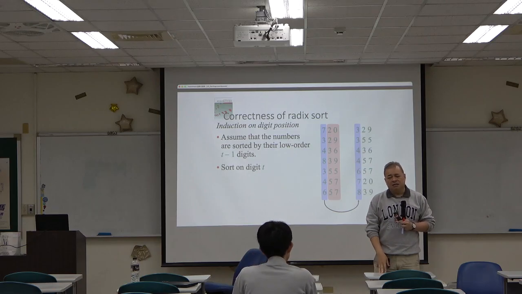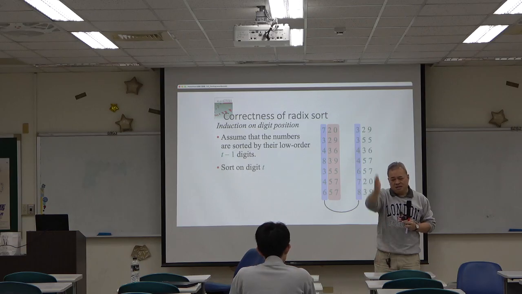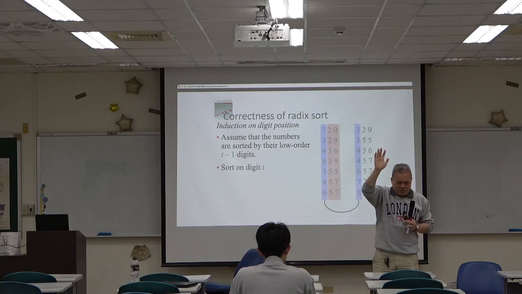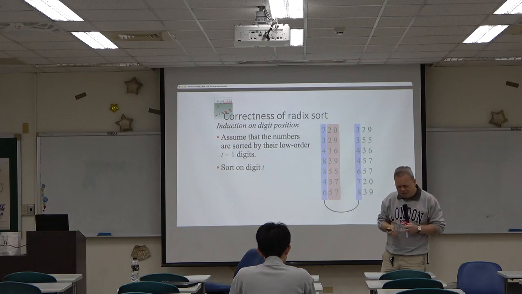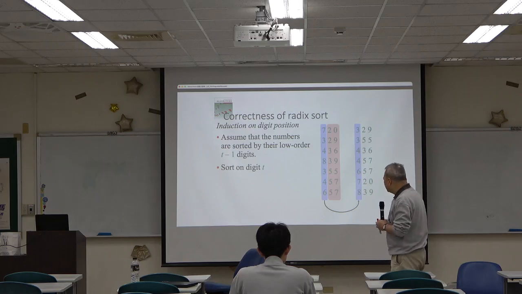The base case, basically, we just sort on the least significant digit, right? So obviously, after you finish the sorting, the least significant digit appears to be sorted. So not much to argue here for the base case.